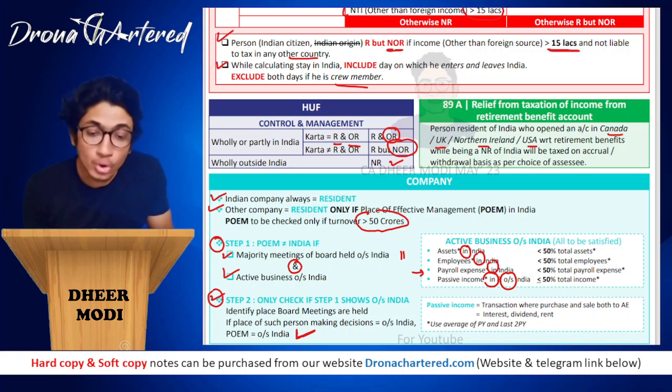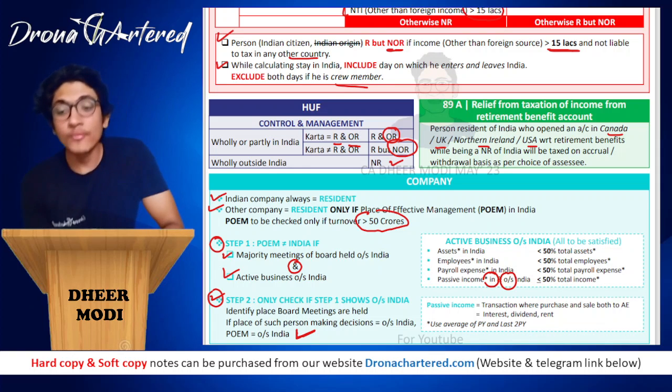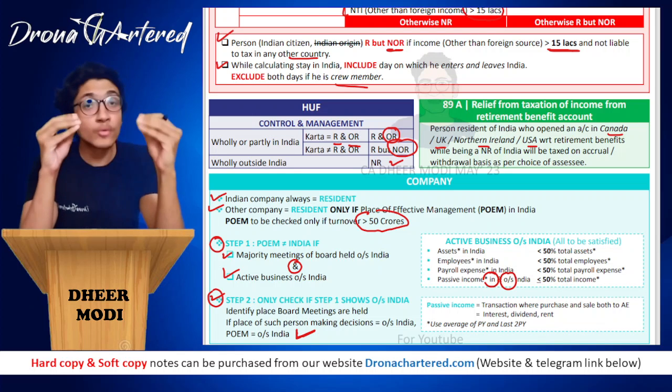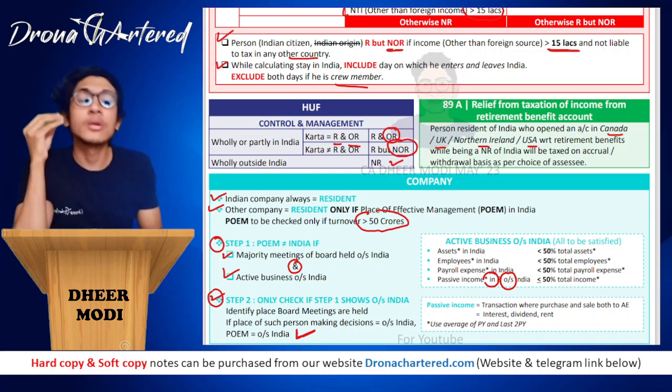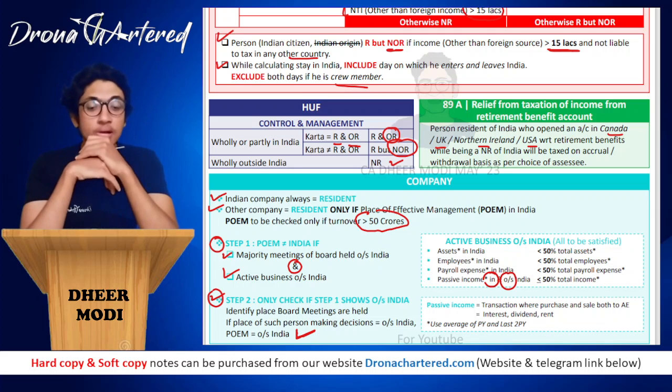First of all, it is not just less than, it is also less than or equal to. And second, for passive income you have to calculate both in and outside India, because they will give you questions. Remember, you have to take outside India also. So passive income in or outside India is less than or equal to 50% of your total income.